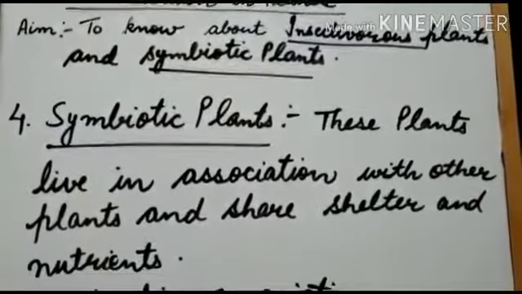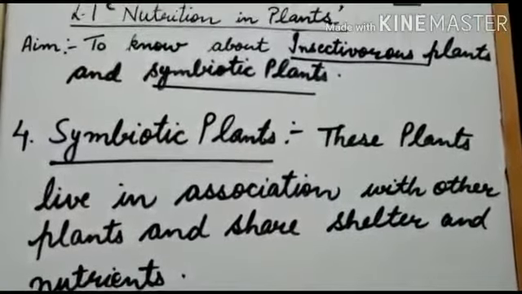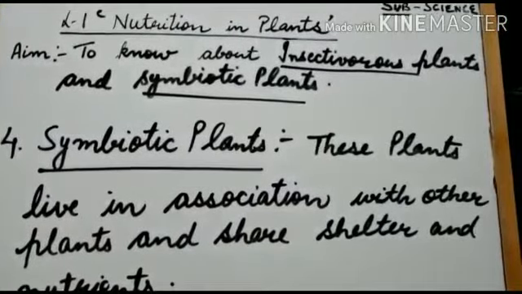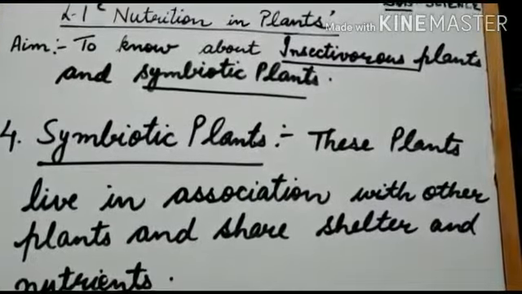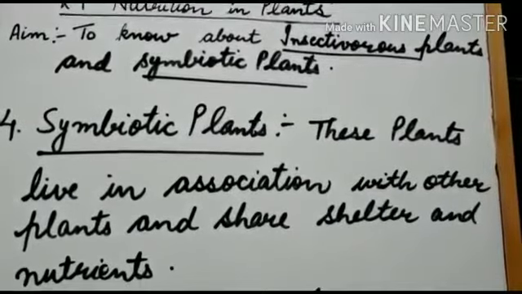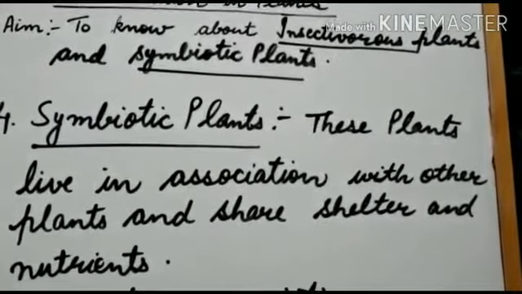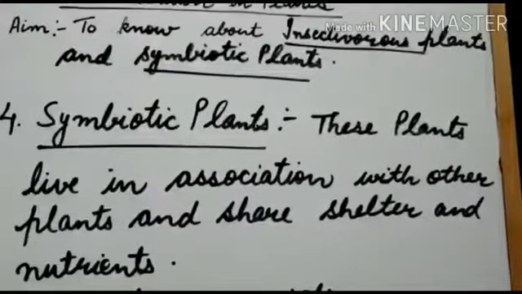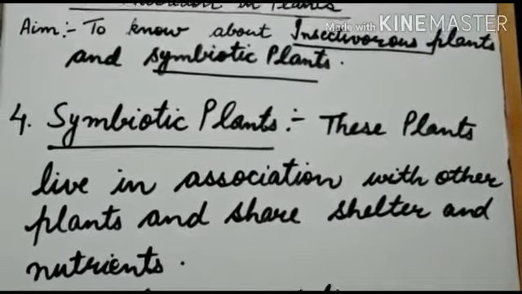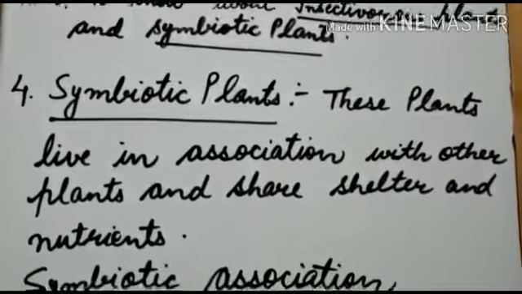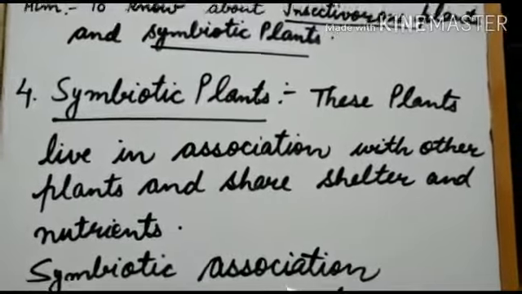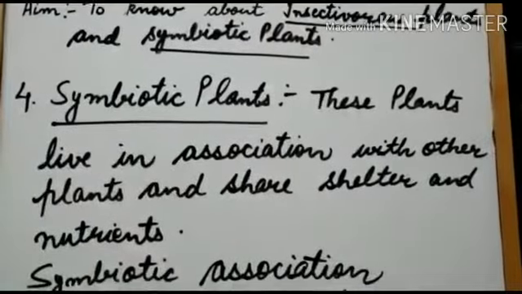Next we are going to study symbiotic plants. There are a few plants that live in association with other organisms and share their shelter and nutrients. We call this association the symbiotic association or symbiotic relationship.